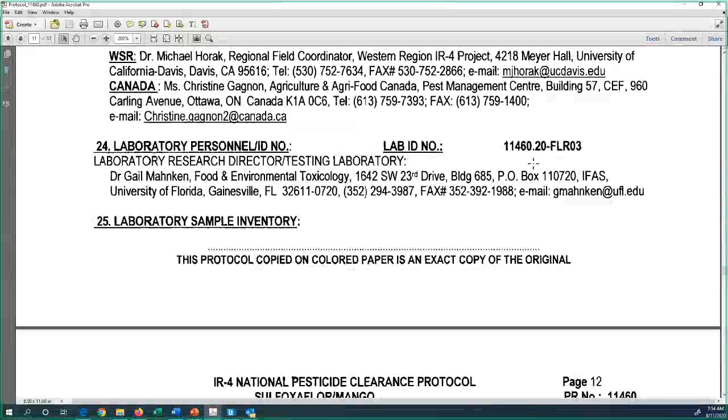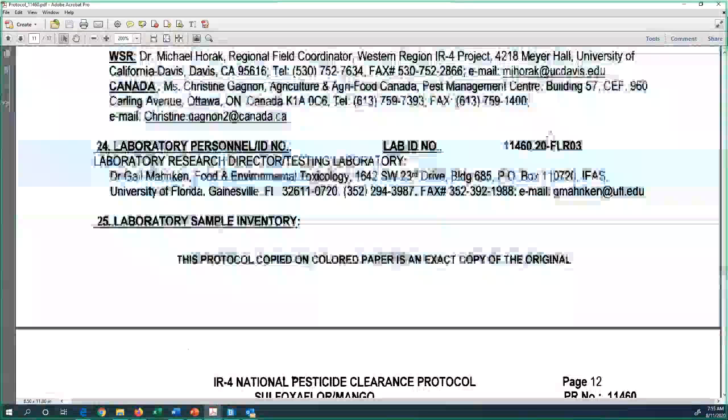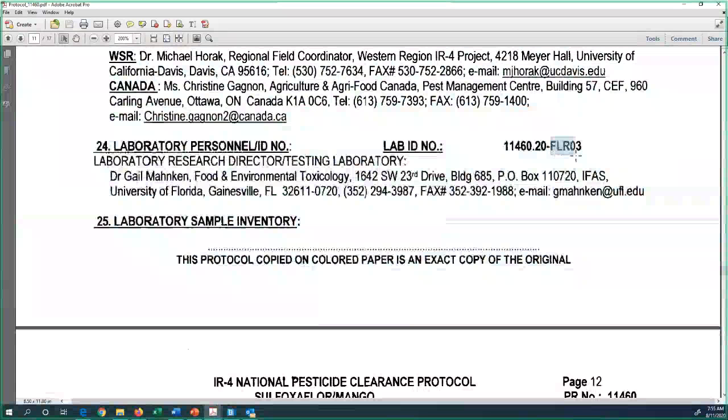I'm sure in this mitigation work we use the same pattern, same format, but in your own work it may be a little bit different. This is the PR number, the year 2020, and the lab location, Florida, Research Lab 03.